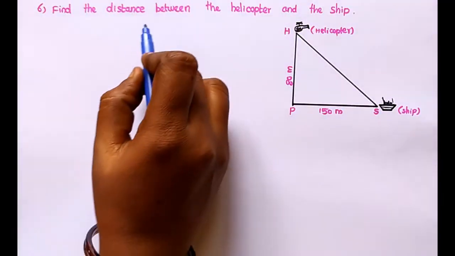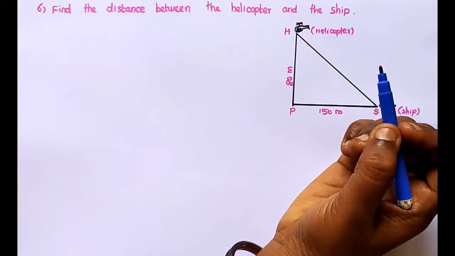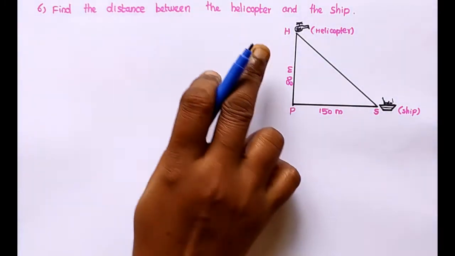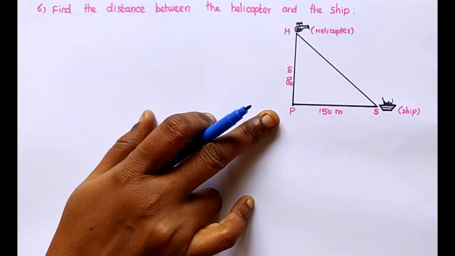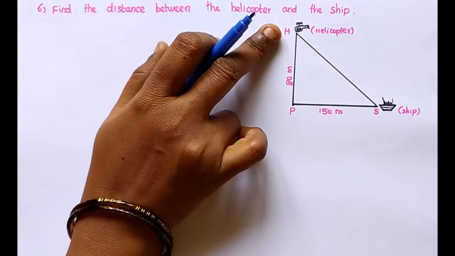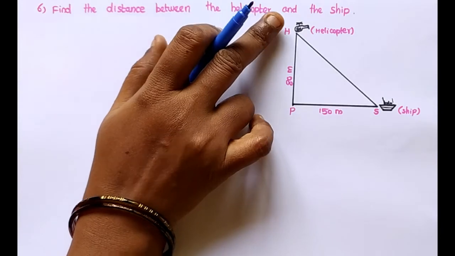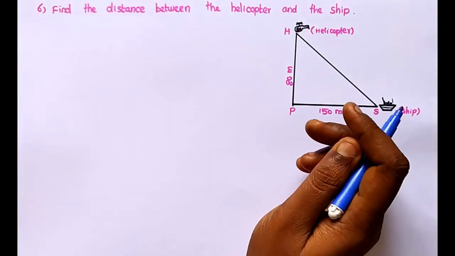Find the distance between the helicopter and the ship. Listen. This is the helicopter from P, that is ground level. From that, the height of the helicopter is 80 meter.